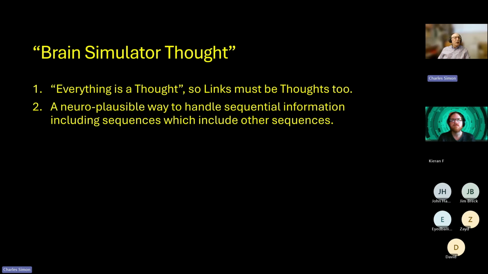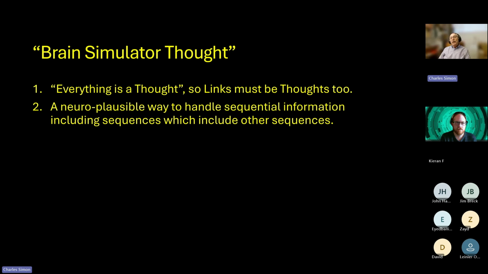The reason it's a new thing is a change that I had to make to the system: where we used to have formally a graph of nodes and edges, the key to the way your brain has to work is that everything is what I'll call a thought. And if everything is a thought, then the links in your brain have to be thoughts too. I'll talk about that in a little bit of detail, but it's going to be its own meeting after I've fleshed that out and made it work.